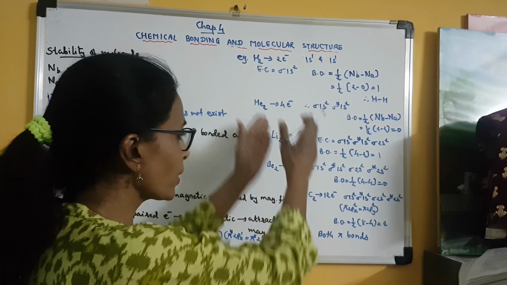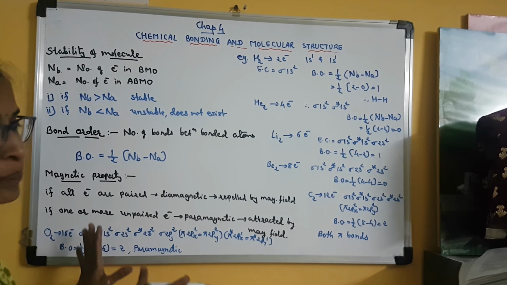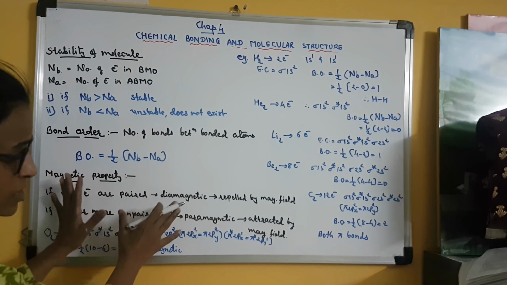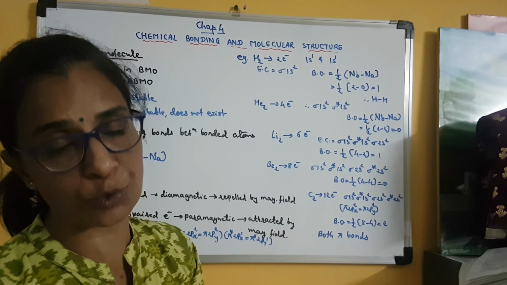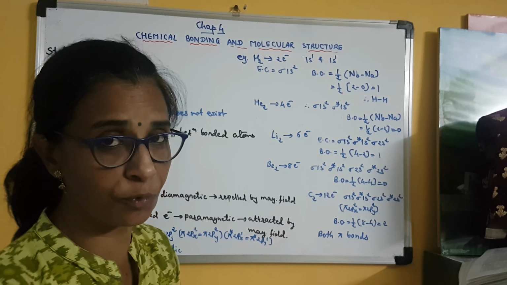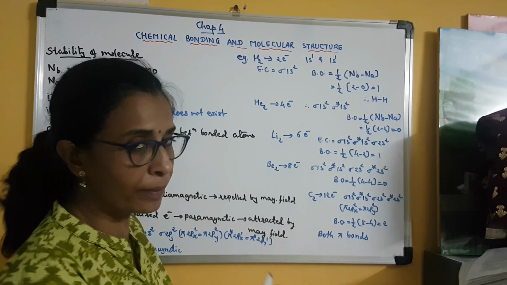Clear? And this is a very important topic. See, this is only the basic knowledge. On the basis of this knowledge, you will be asked this type of application based question. Clear? Application type questions. So here suppose we take He2, helium 2.